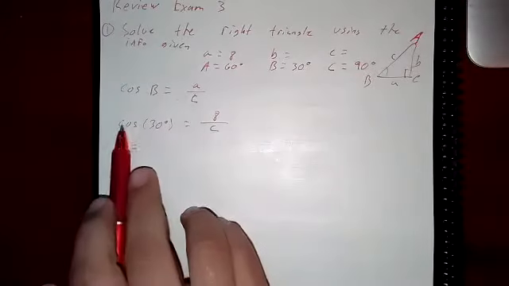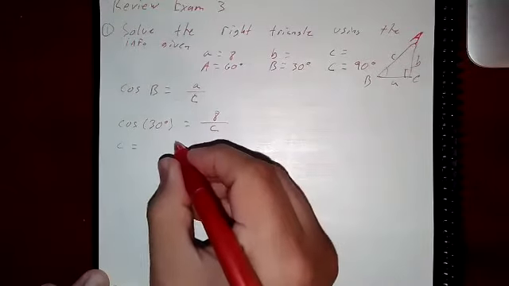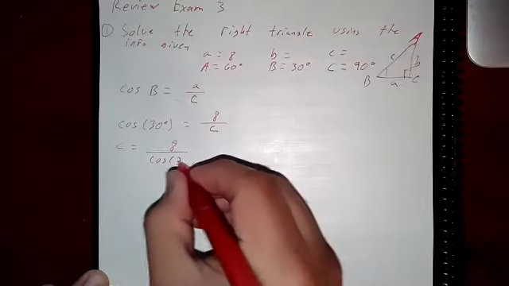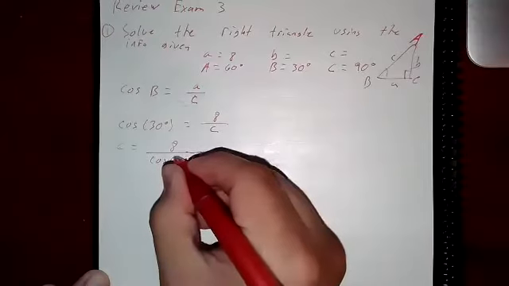If I multiply C over here, divided by cosine, we'll have 8 over cosine 30. Let's skip some algebra steps. Is that okay? You guys see how we got here?